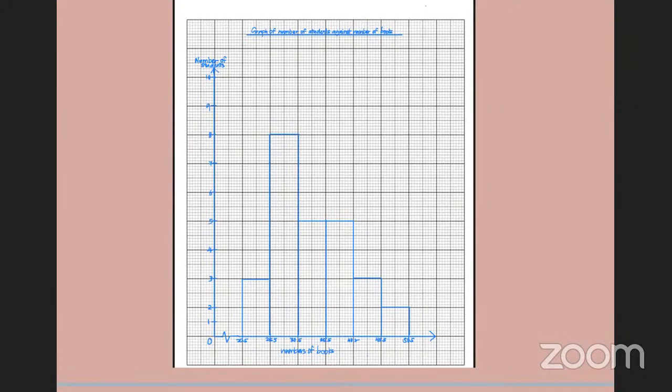Like 2 minutes, 3 minutes, or 4 minutes? Or you can just tell me when you finish the graph, and if you want us to mark your graph, you can send it through the Google form, okay?